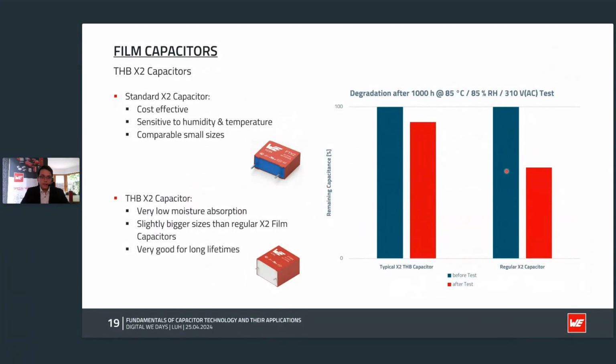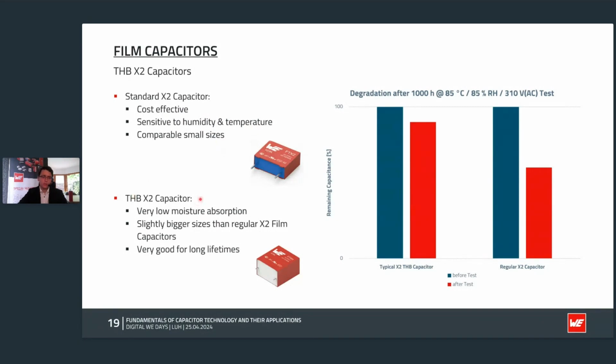So let's talk a little bit more about film capacitors and what we have to think about here. Especially standard X2 capacitors are cost effective, but for sure they also have resin and some other materials to protect them from humidity and temperature. But over the long term and in some specific scenarios, they are sensitive to humidity and temperature.